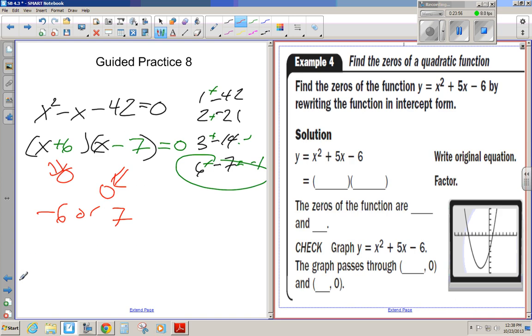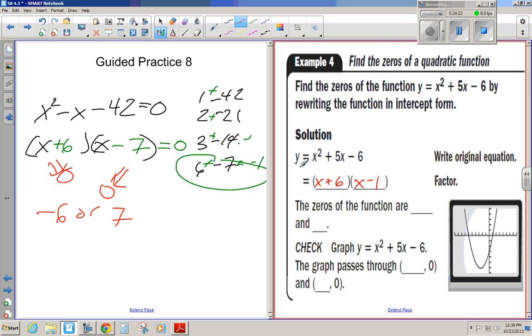All right. This is called intercept form and factored form because that's what they are. The zeros are the intercepts and they are the solutions. So writing this in factored form should be x and an x and a minus 6 and a plus 6 and a minus 1.